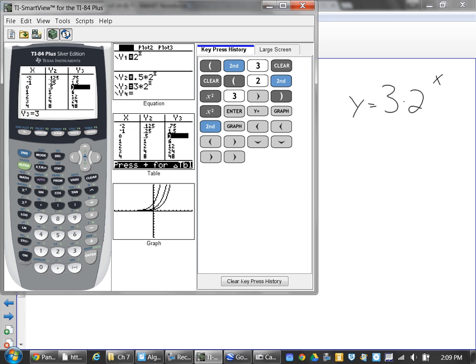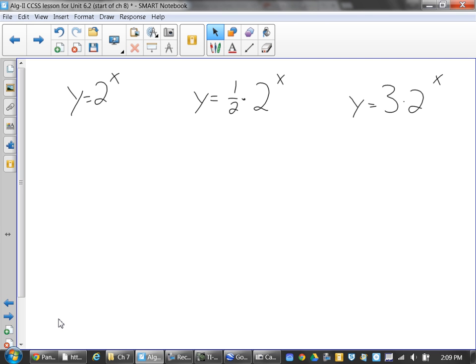Do you notice a pattern? Maybe. What's that pattern? It's the number that's in front of the 2. That's exactly what it is.